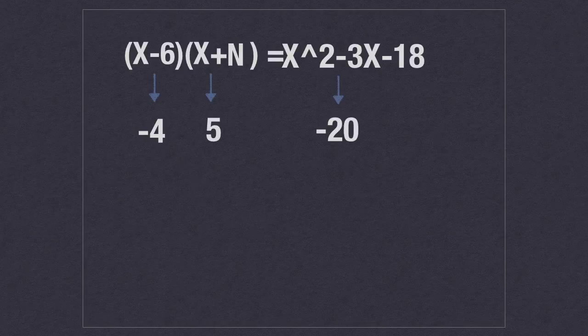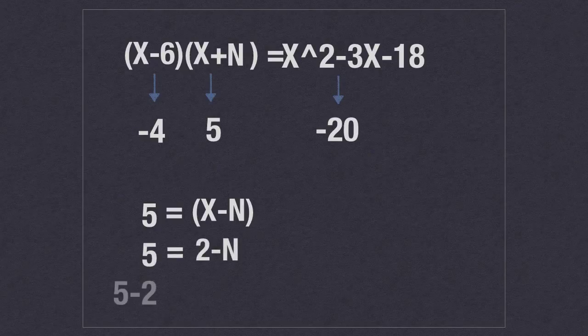So 5 equals x plus n. x is the number 2, so 5 equals 2 plus n. And then we pass the 2 subtracting, so 5 minus 2 equals 3. So now we know n equals 3. So now we put the n inside the x plus n, and that means it is x plus 3. So x minus 6 times x plus 3 equals x squared minus 3x minus 18.